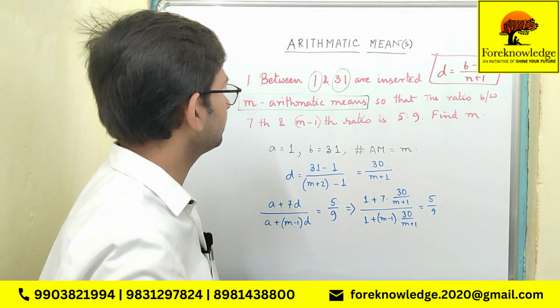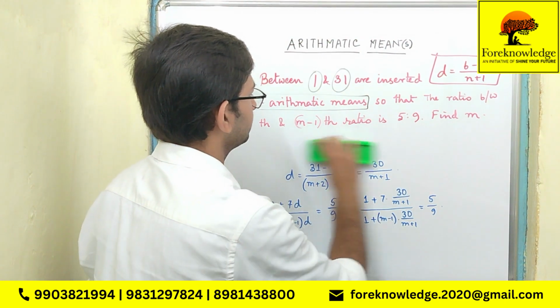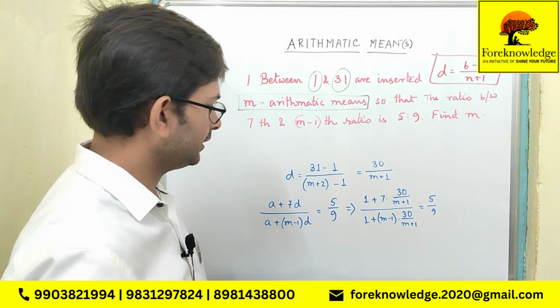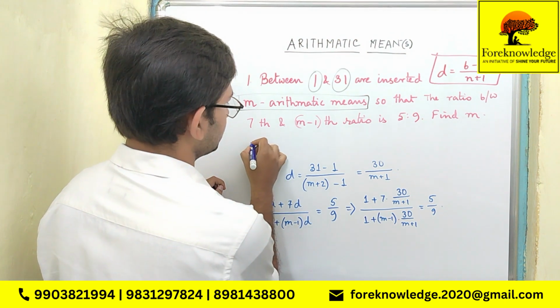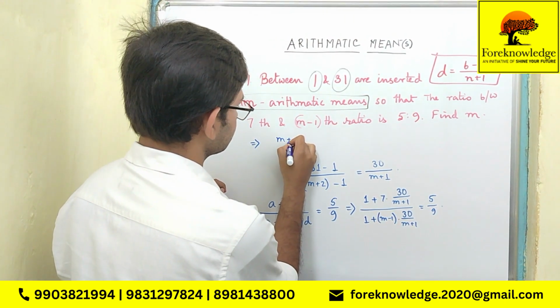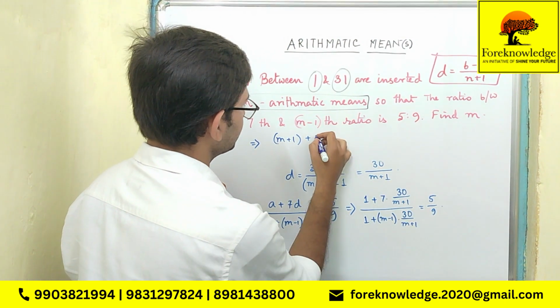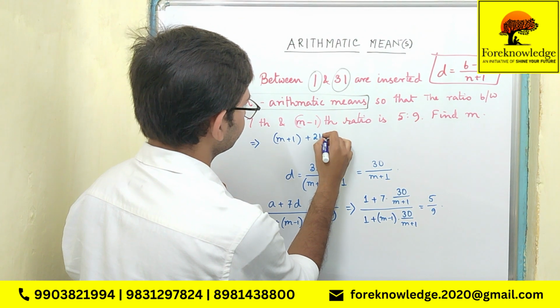If you allow me, I'll erase this part. Let's solve. So in the numerator, m plus 1 plus 7 into 30 is 210.